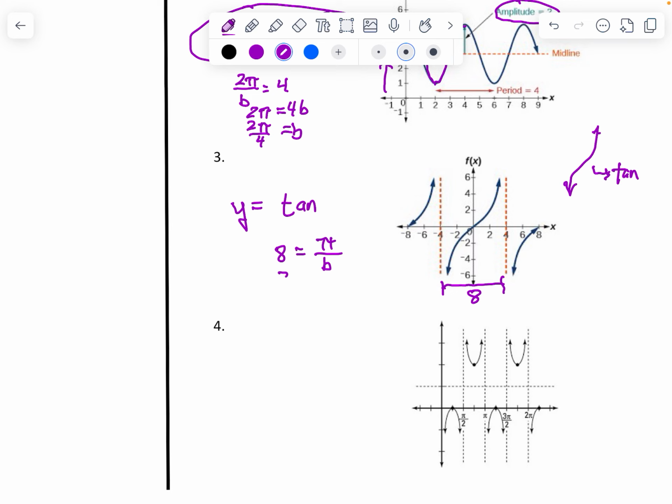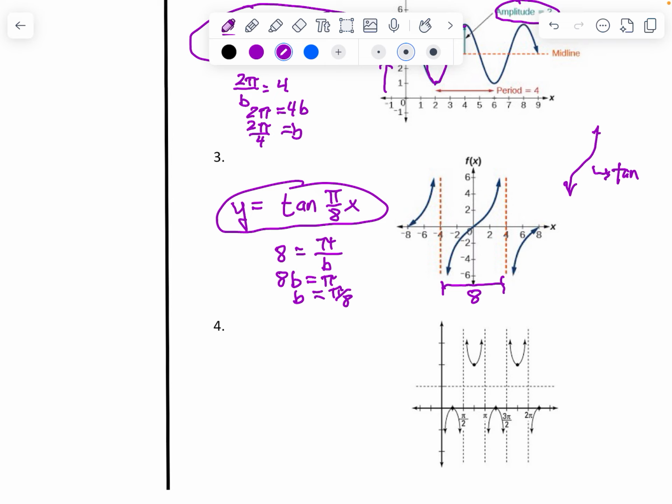I'll multiply by b on both sides. 8b equals pi, b equals pi over 8. So I'm going to have tangent of pi over 8 x for my equation. There's been no vertical shift, no horizontal shift, so we just have to deal with the period change here.